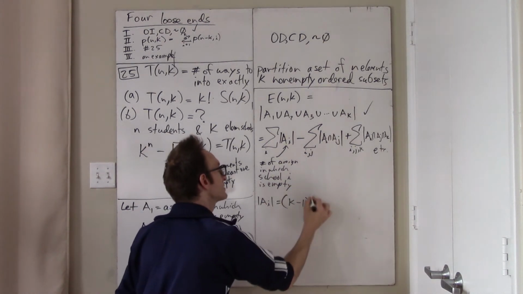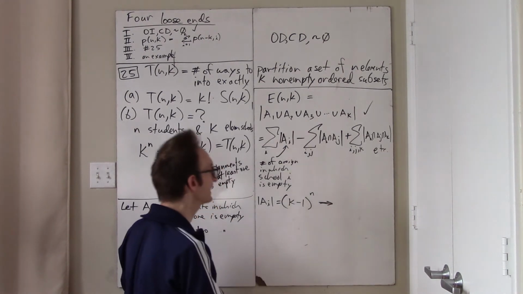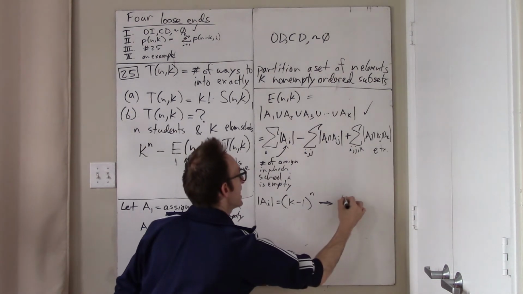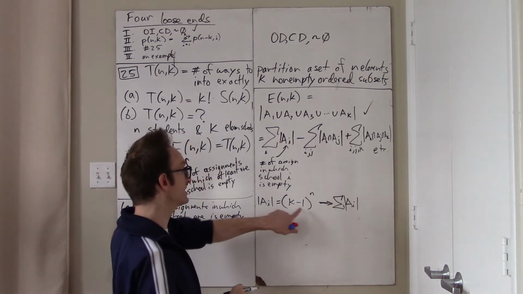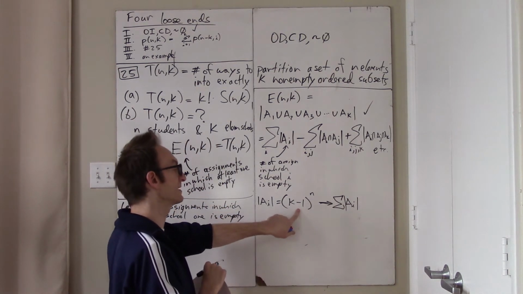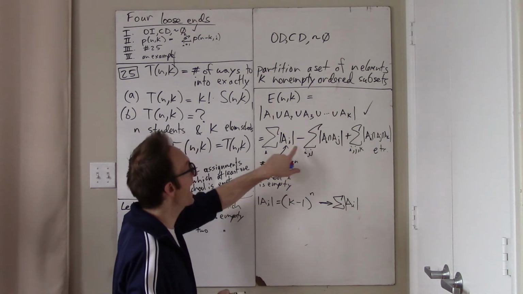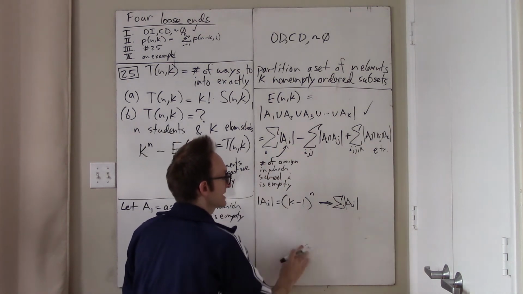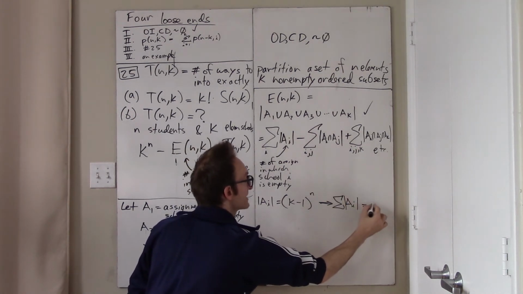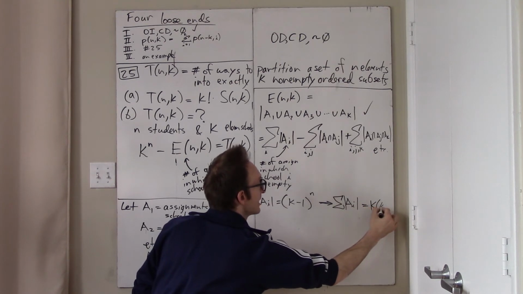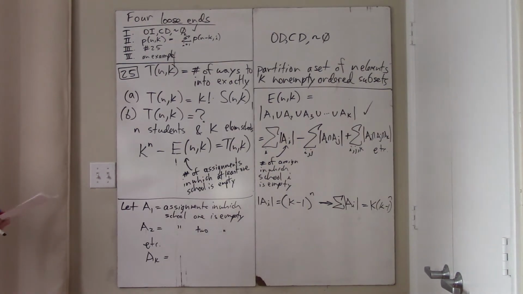So this is (k minus 1) to the n. But now, I hope I'm being clear, if I take the sum of all the A_i's, the size of A_i counted the assignments in which a generic school is empty, but adding all of these up, as inclusion-exclusion says I should, gives k times that. So I get k times (k minus 1) to the n. I really need a big board. This is very depressing.